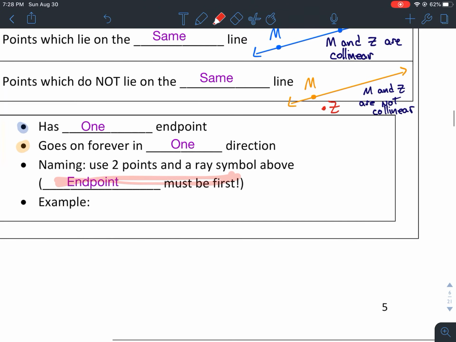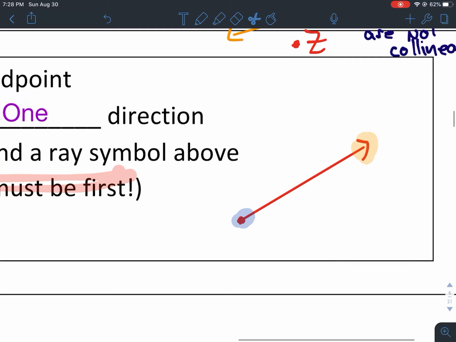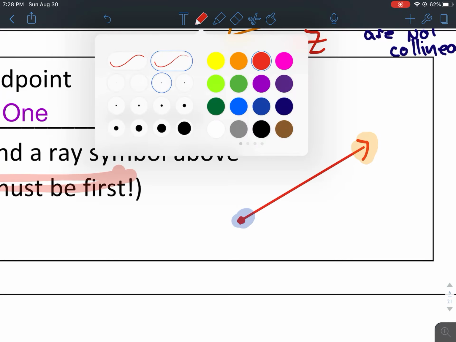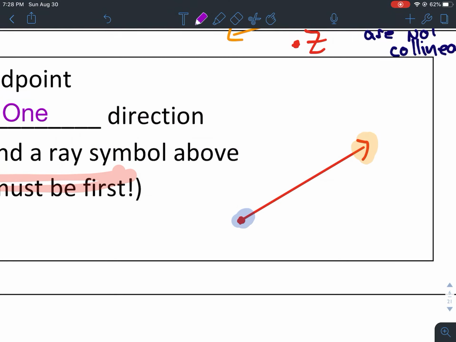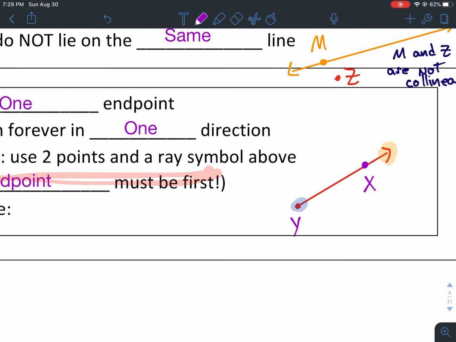So I'm going to take the ray that I drew over here. Here's my ray. I'm going to call this point Y, and put this other point over here, X. So if I want to name this ray, it would be YX with the ray symbol above.